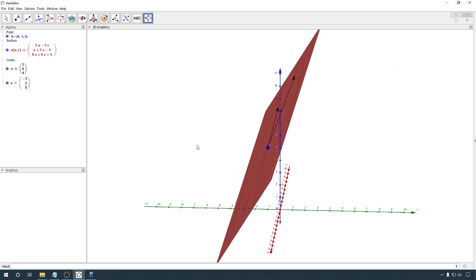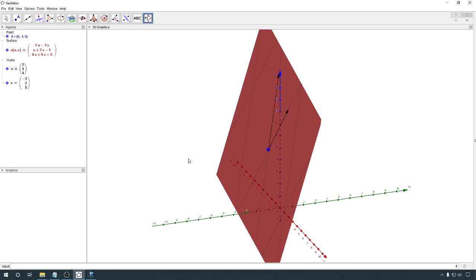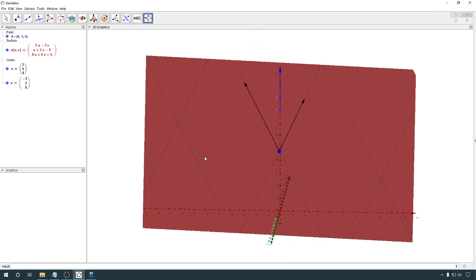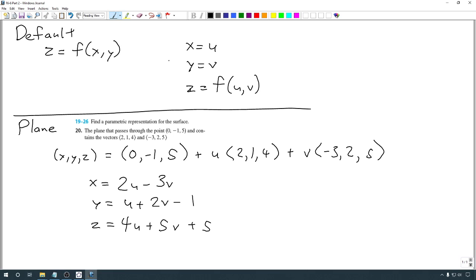If those are particular vectors that are very important to a particular problem that we're dealing with, we might want our parameterization to have something to do with it, rather than getting some equation and having the parameterization have nothing to do with the original vectors that we started with, other than the fact that obviously they came from there originally.